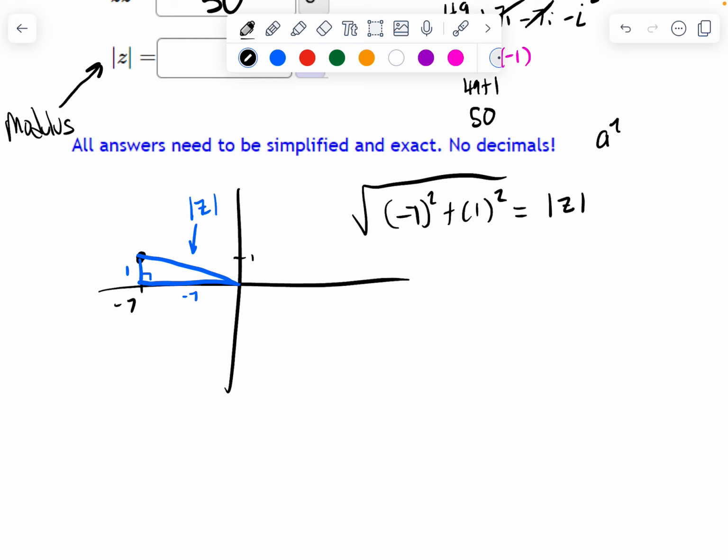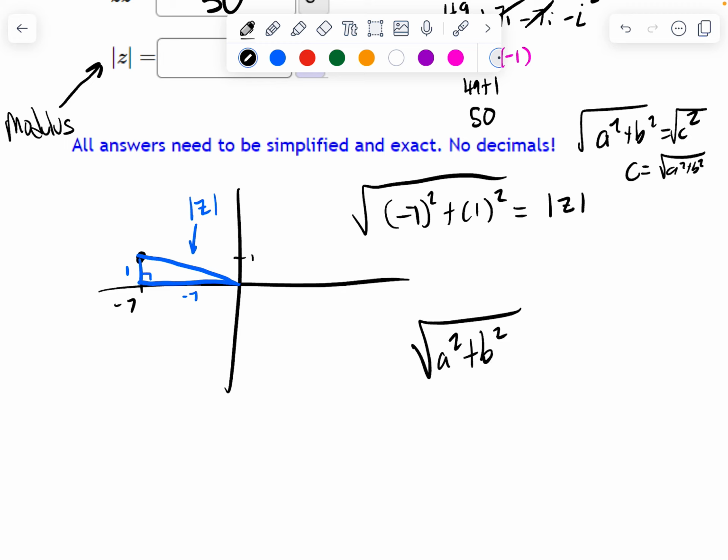Because it's a squared plus b squared equals c squared. A and b are the legs, so your hypotenuse equals the square root of a squared plus b squared. Legitimately, the modulus formula, if you were to look it up, would be the square root of the real squared plus the imaginary squared. That is always going to be the modulus of any complex number.